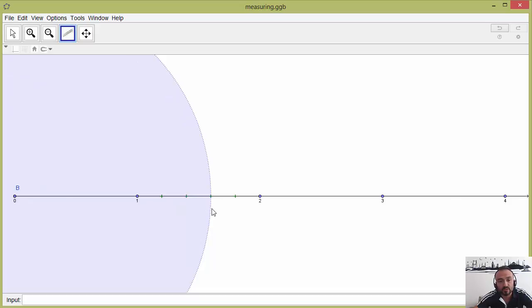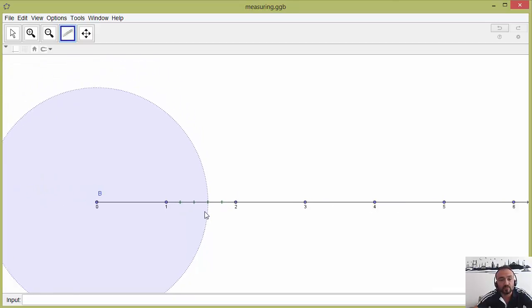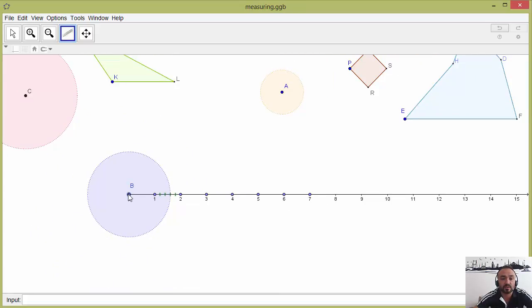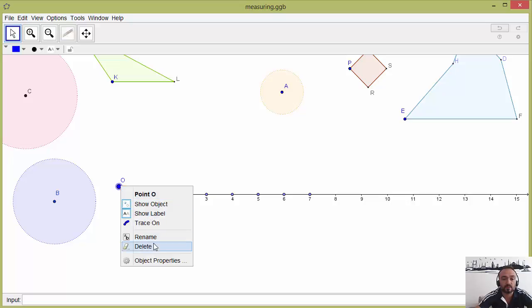Let's zoom. Okay. The radius of this circle is 1 and 3/5 units. We understood that the radius of this circle is 1 plus 3/5 unit.